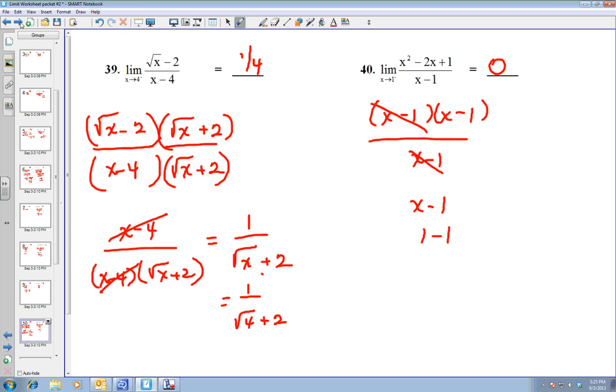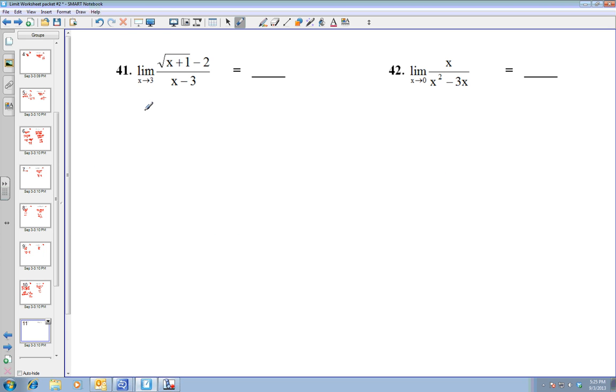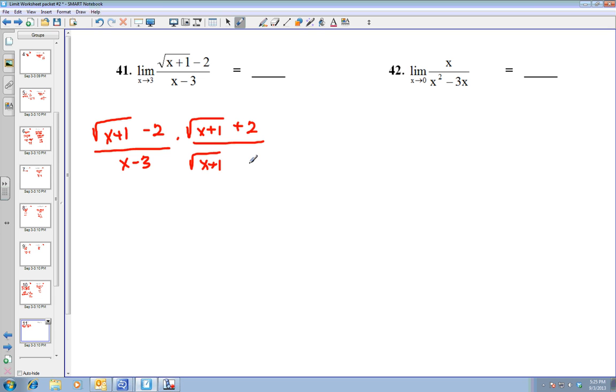Okay, 41. I can't use direct substitution, so I'm going to have to rationalize. So I have the square root of x plus 1 minus 2 over x minus 3 times the square root of x plus 1 plus 2 over the square root of x plus 1 plus 2.